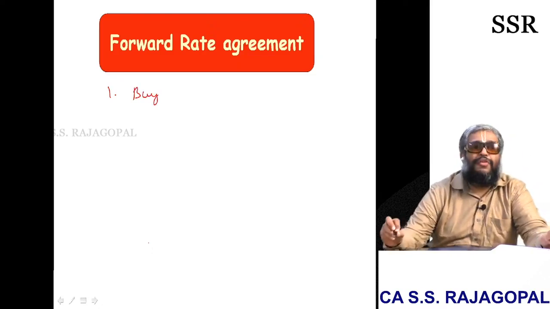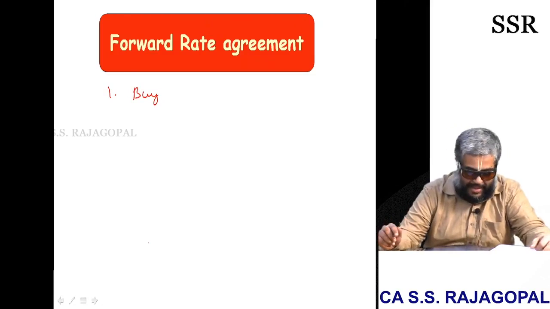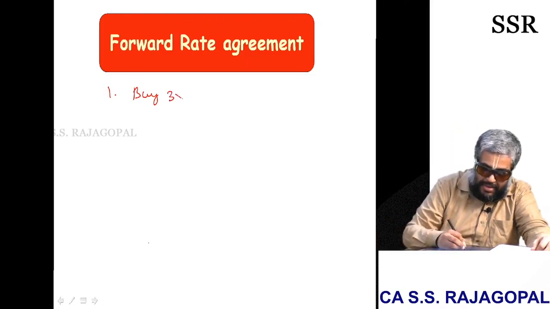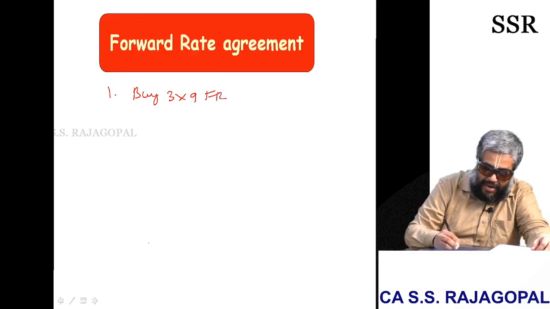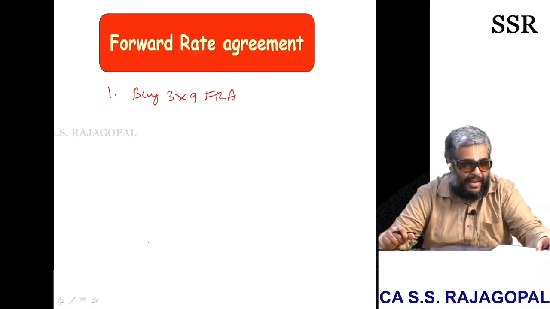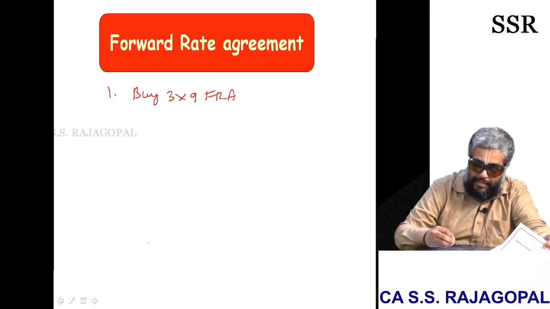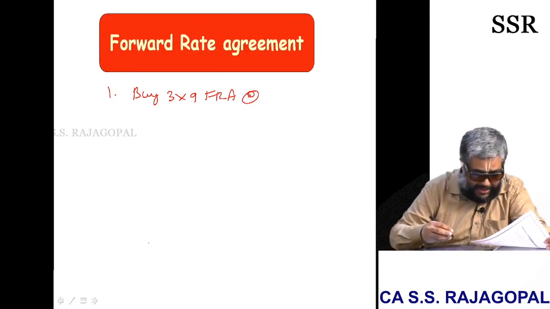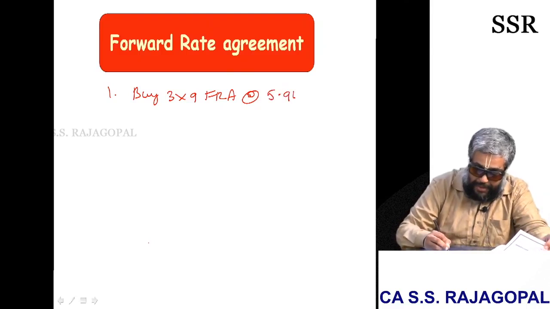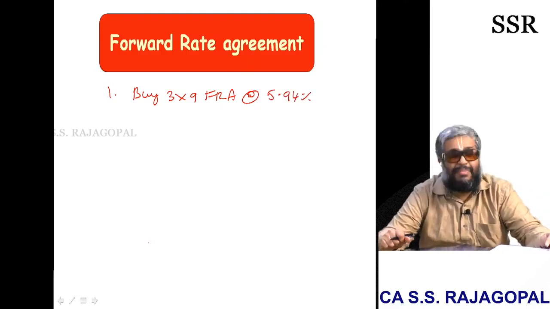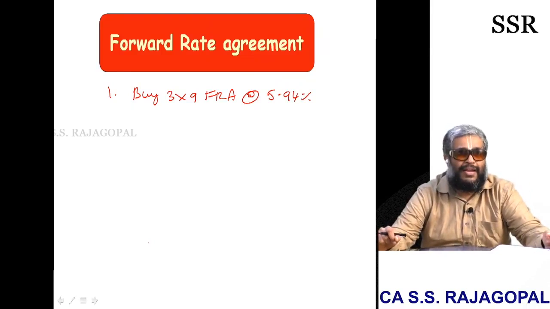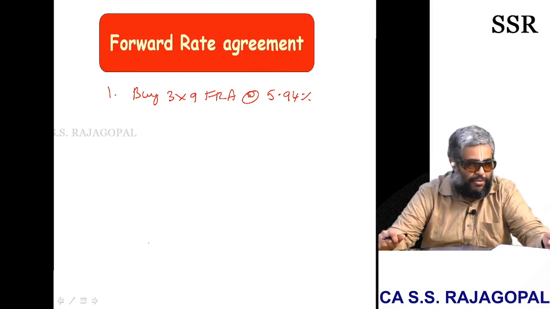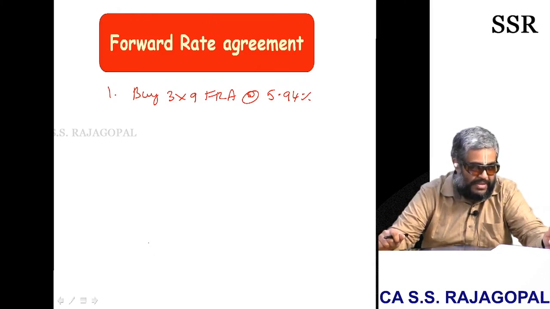Borrow, so the FRA portion should be buy. It should buy 3 by 9 FRA at what percent? 5.94%. It should buy 3 by 9 FRA at 5.94%. Everybody, are you understanding what I am discussing?